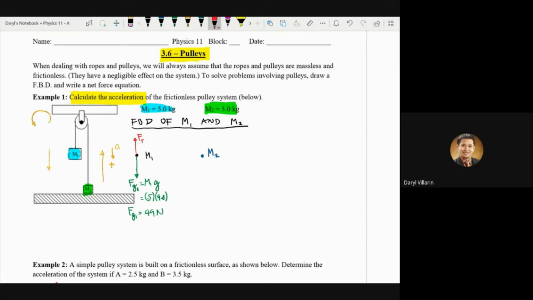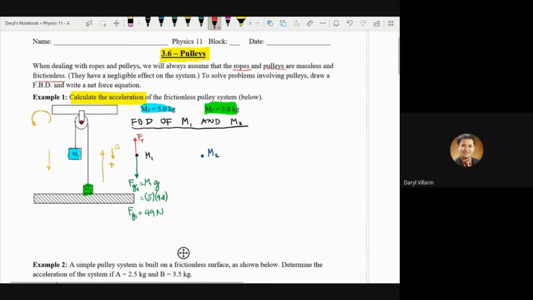Well, in this particular case, for this type of question, take note that we will disregard the mass of the rope, and the pulley is frictionless. Okay, so that means that the weight of the rope and the friction within your pulley are disregarded.